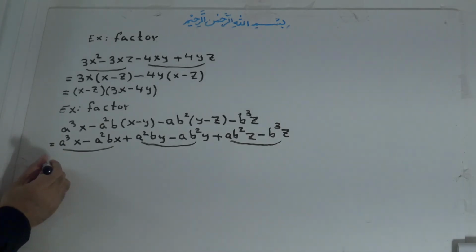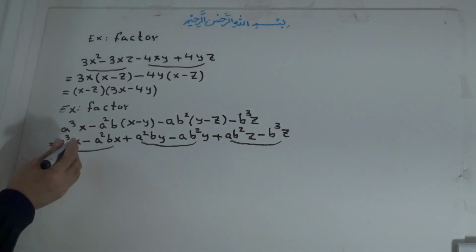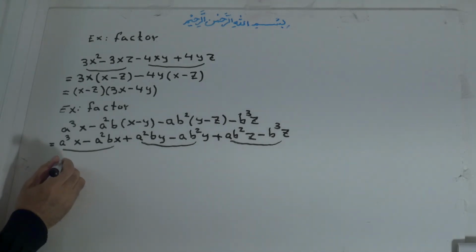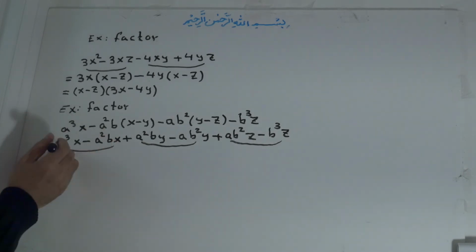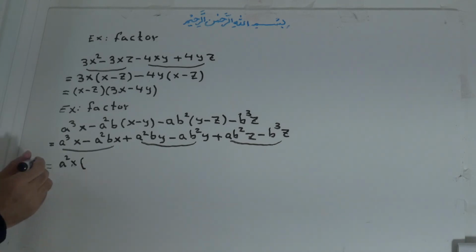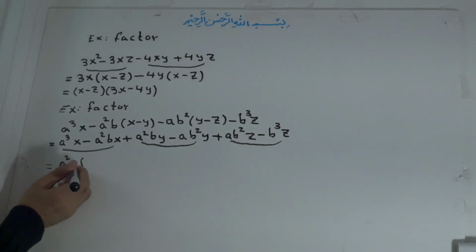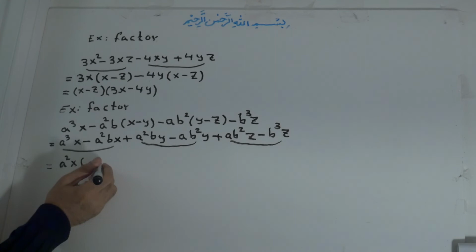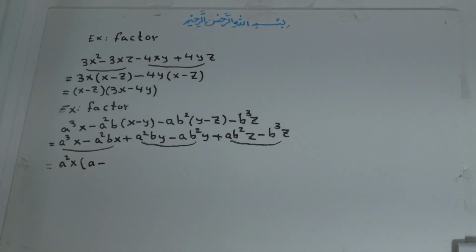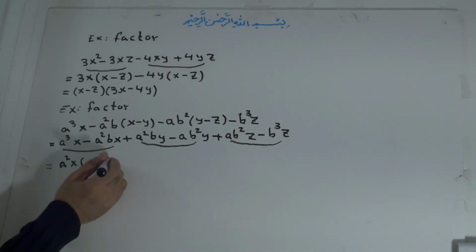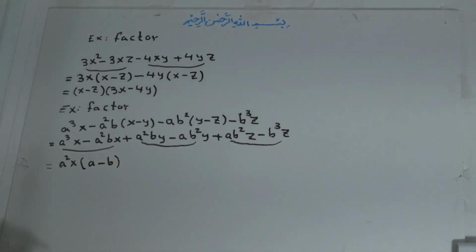In this one, a to the power of 2 is common, and x, but not b, because here is b but here is not b. a to the power of 3 minus a to the power of 2 becomes a to the power of 1. Minus a to the power of 2 is outside and x is outside, the only thing remaining is b.